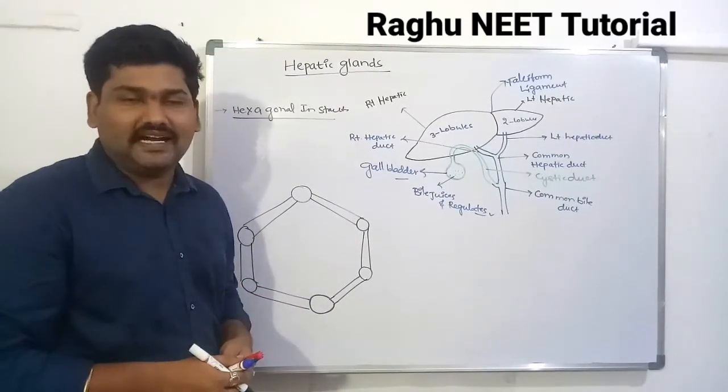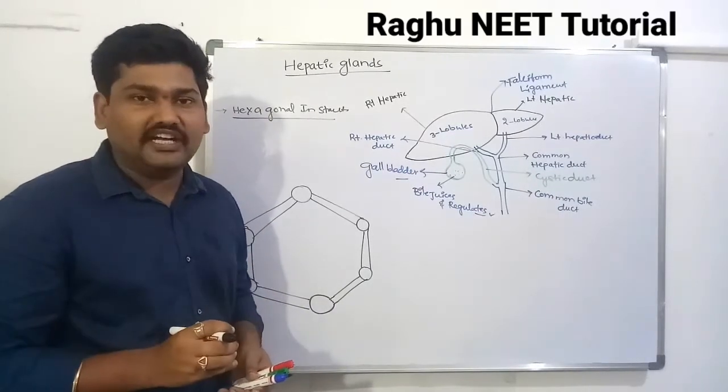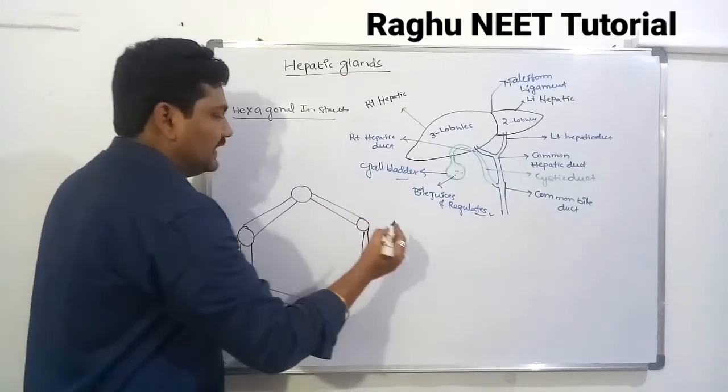The hepatic lobules are completely covered by the outermost fibrous connective tissue sheet, which is called the Glisson capsule.